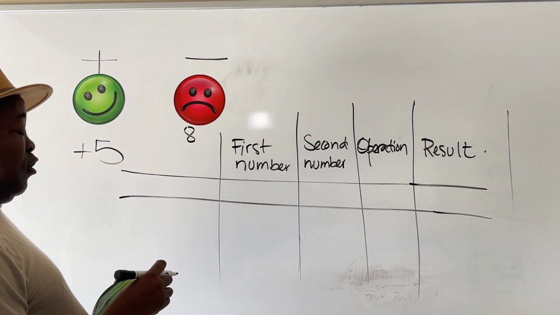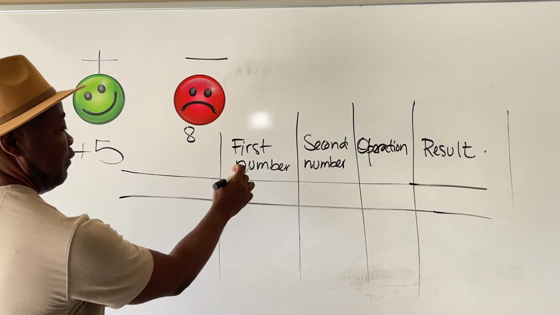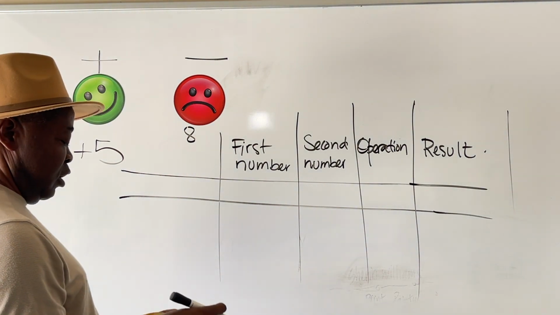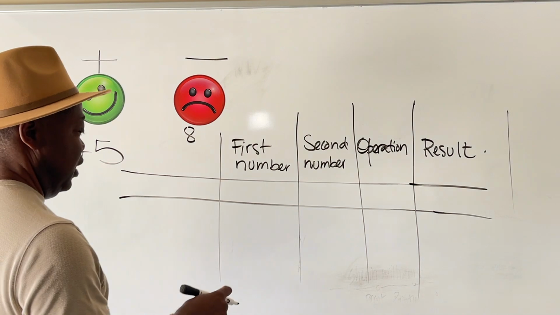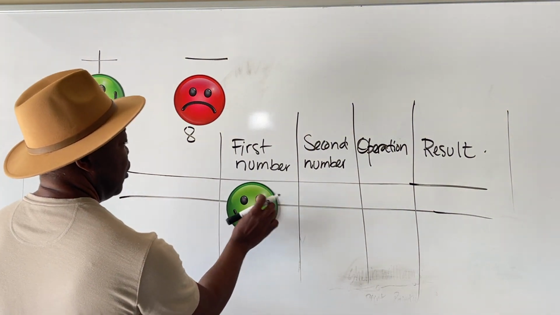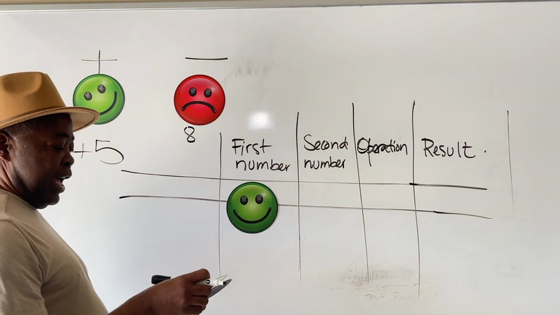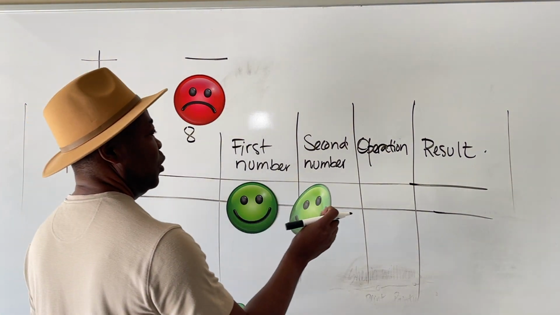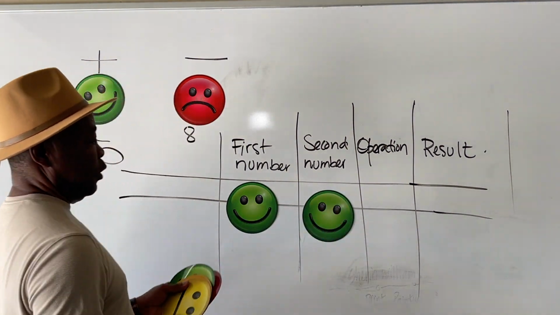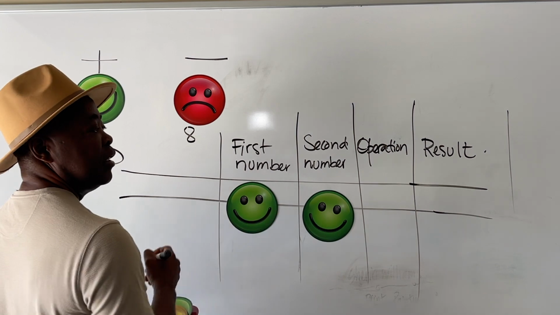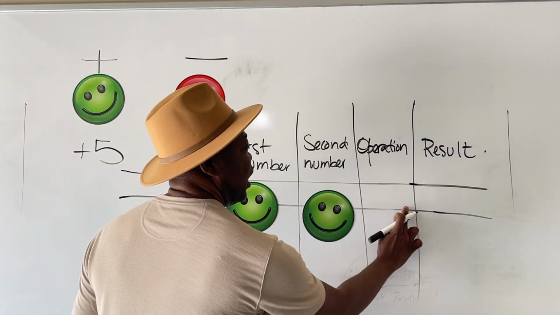The rule is, if the first number is, let's say, a positive, and the second number is also a positive, so I have two smiley faces, what operation do I perform?